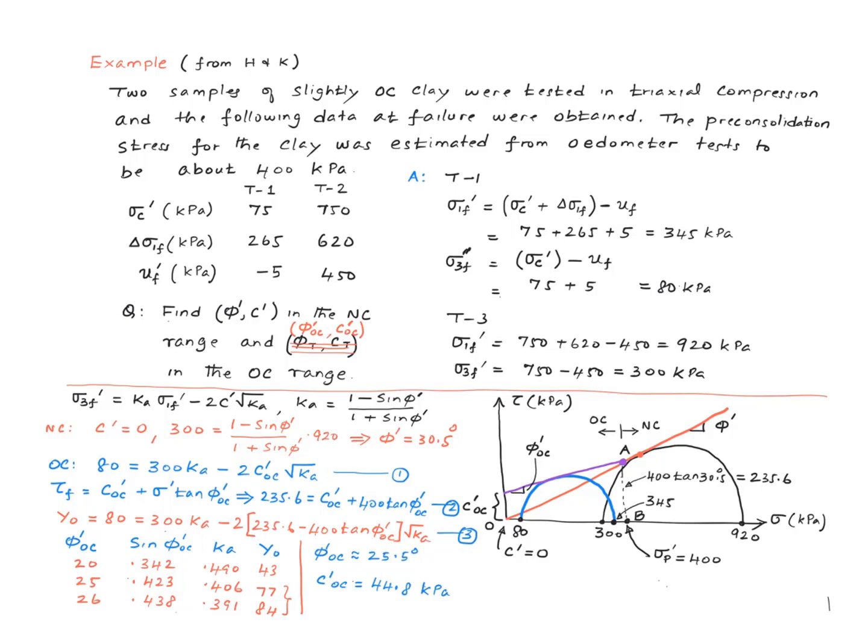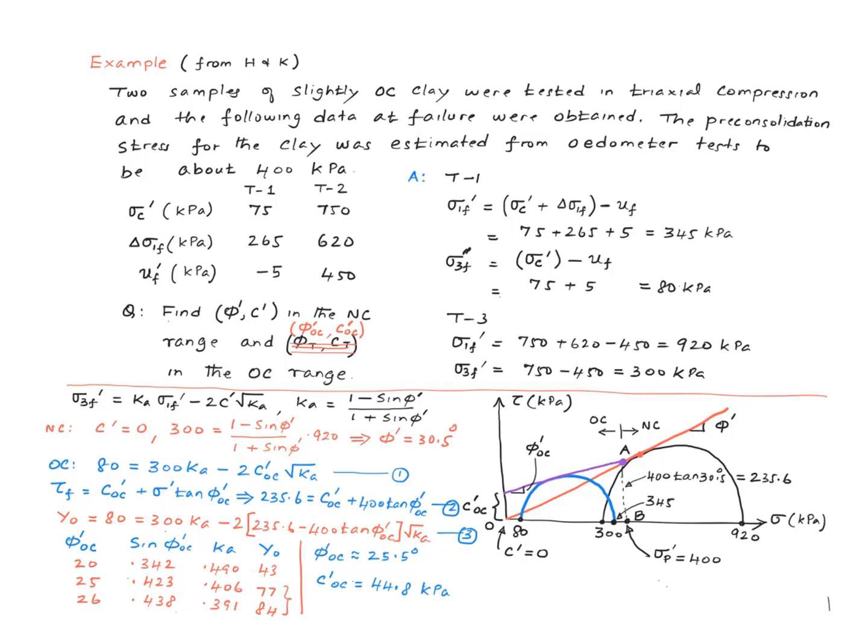For example, you can go back to equation number 1 and you get your value of C prime OC. I got a value of 44.8 kilopascal for that. So we are done, but you can see that solving this analytically is not that straightforward like in some of the other problems. You can do this graphically much more easily than analytically.